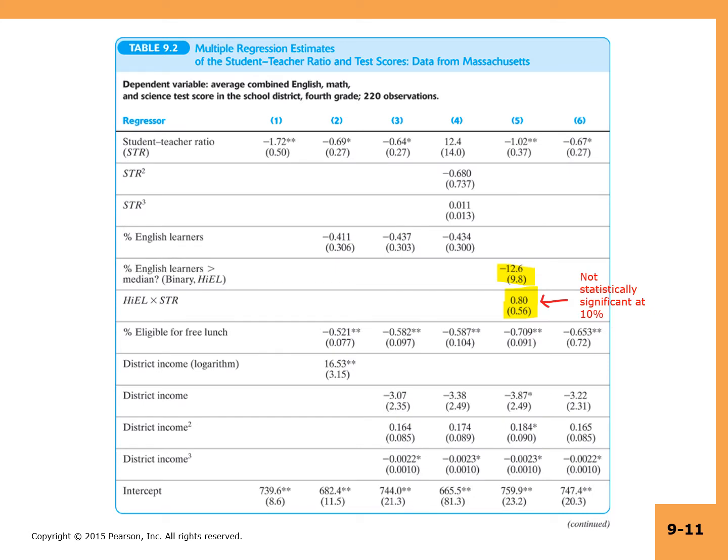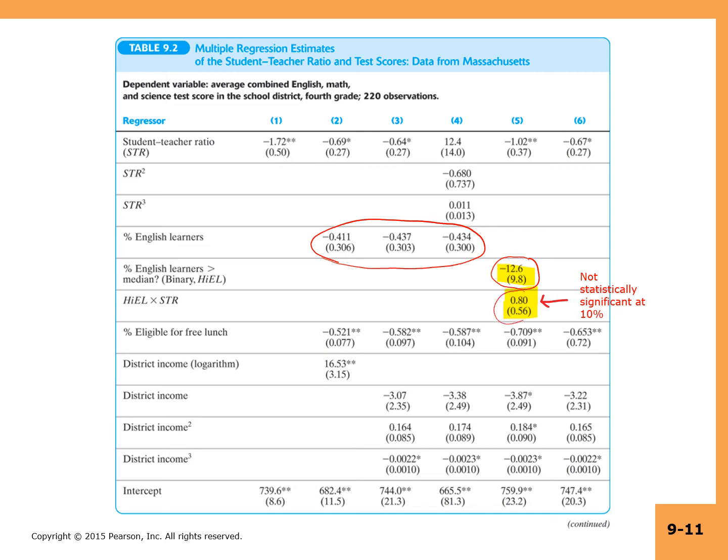Next, let's look at regression model 5. So up until now, in regression models 2 through 4, we included the continuous measure of percentage of English learners. In model 5, we're going to include a binary version of the percentage of English learners, where it equals 1 if it's greater than the median, and otherwise it equals 0.